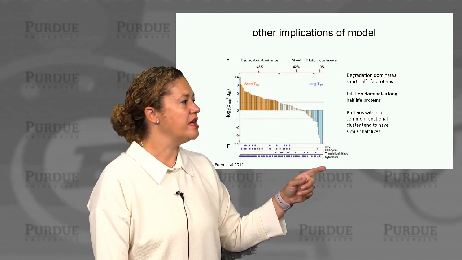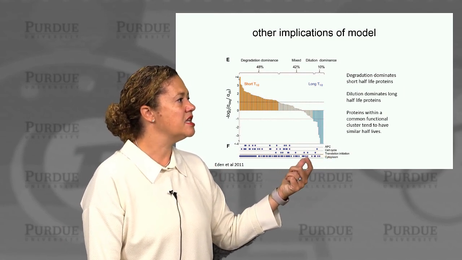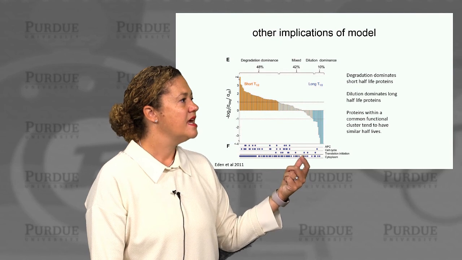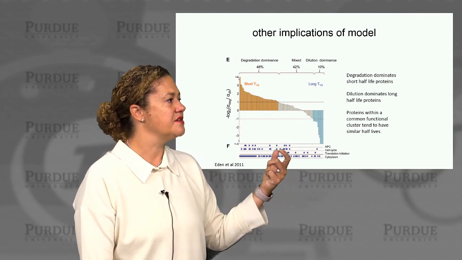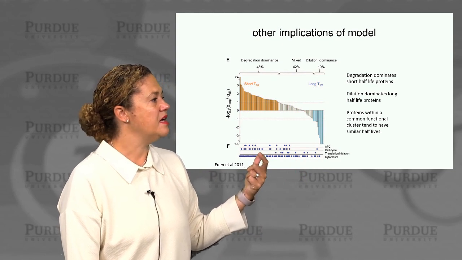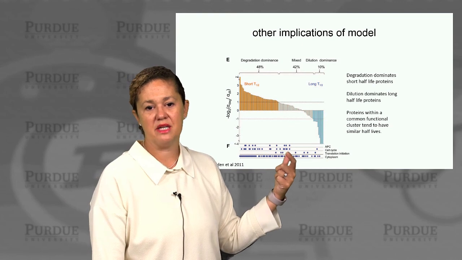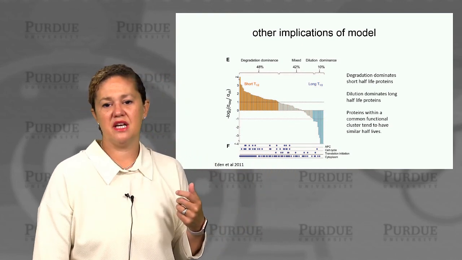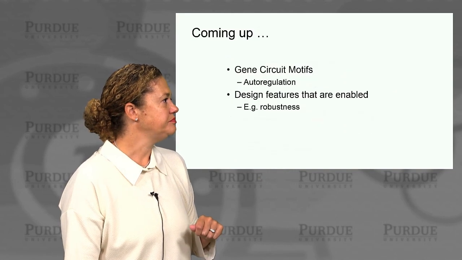Those involved in translation and initiation, for example, tended to cluster down here in the mixed and dilution dominance, whereas those involved in cell cycle tended to cluster more in degradation dominance and mixed dominance. That has some interesting functional consequences for our systems as well.